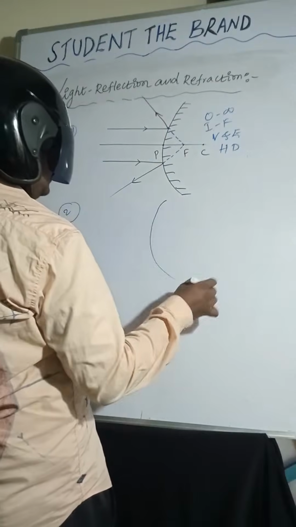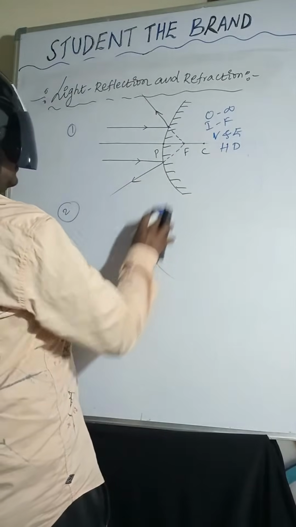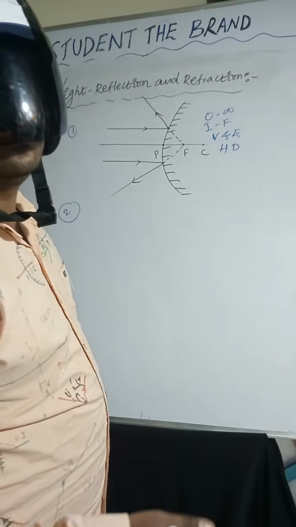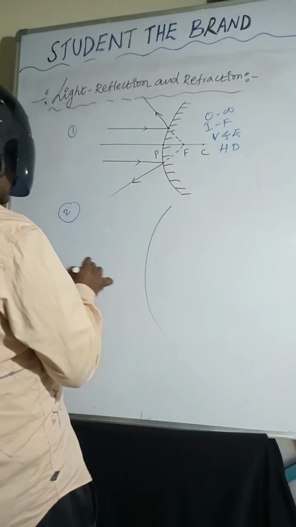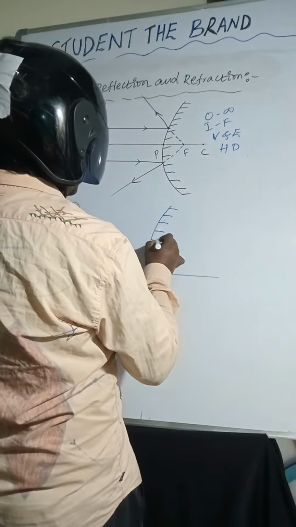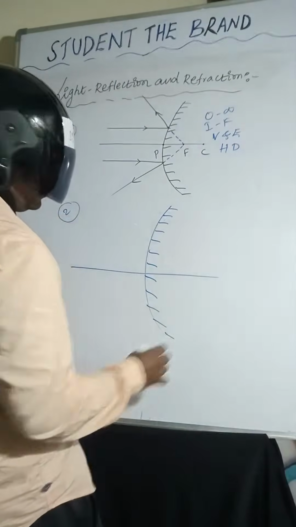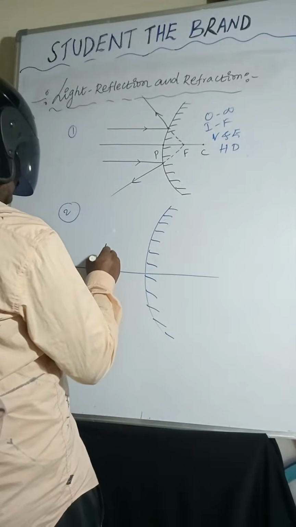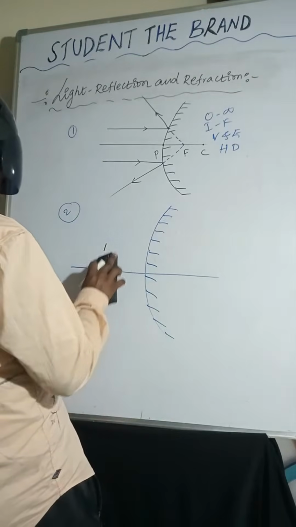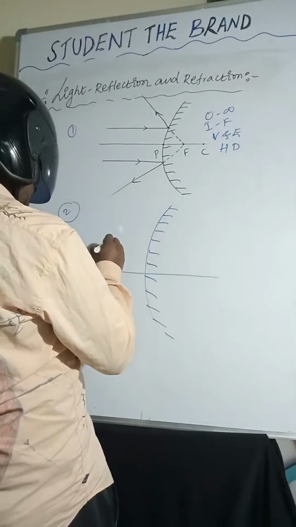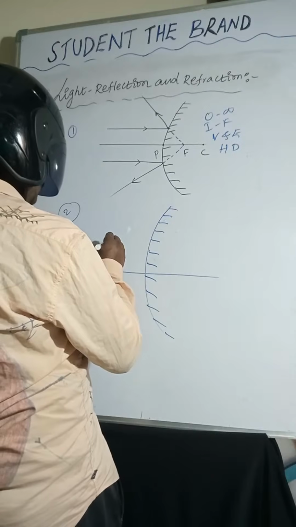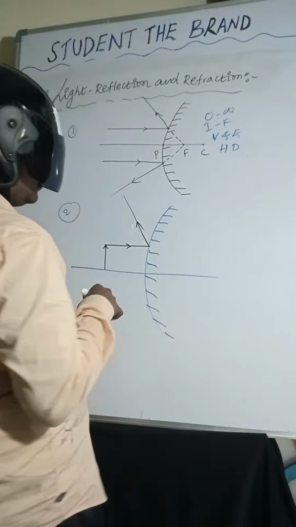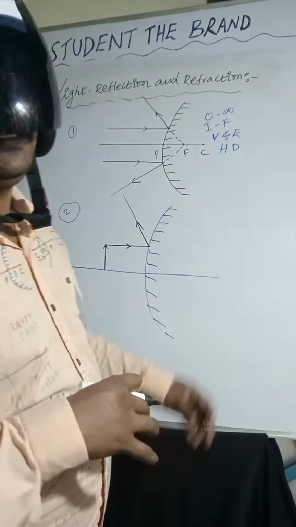Okay, so object is at infinity, image will form at focus.